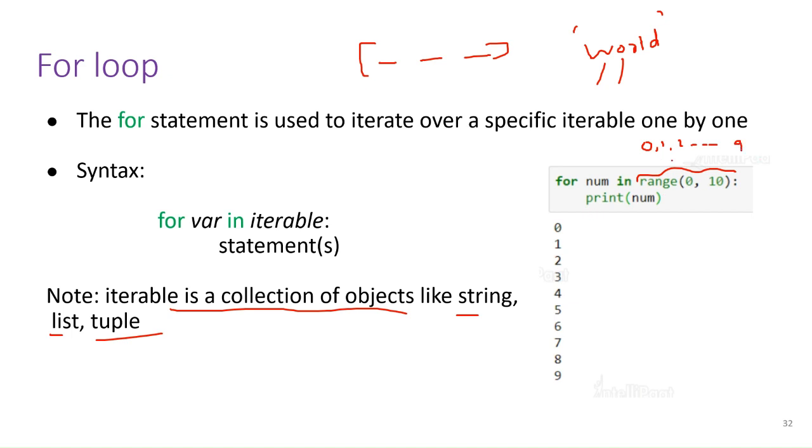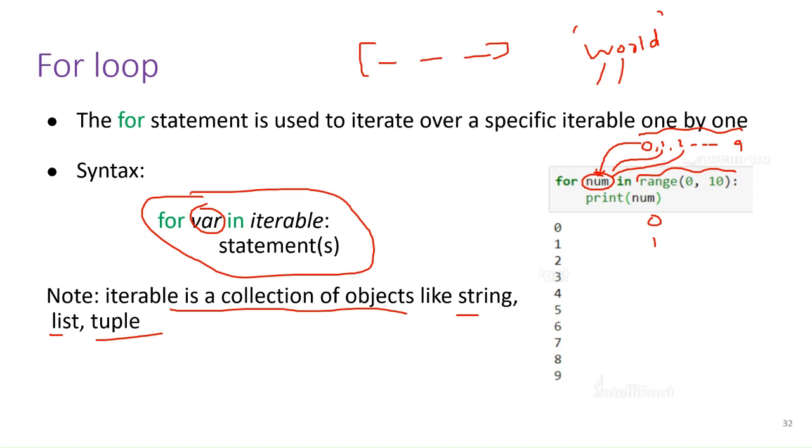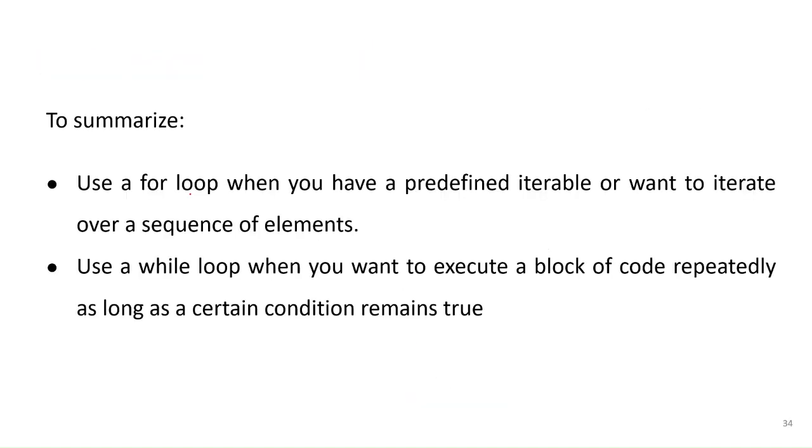So for num in this iterable, print num, that means it will take first 0, 0 will go to num, then print 0, then 1 will be taken to num, then print 1, then 2 will be taken to num. That num means a dummy variable that is shown here. So this is the use of for loop, already explained, but in order to explain it more, I am just explaining it now. So that is for loop.